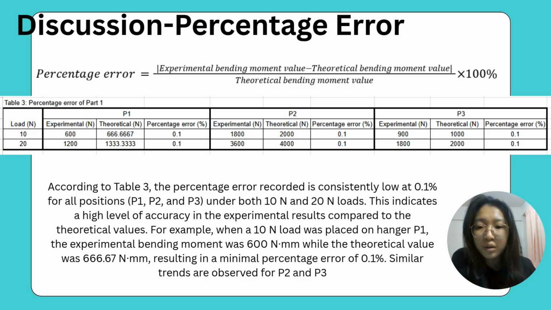For example, when a 10 Newton load was placed on hanger P1, the experimental bending moment was 600 Newton millimeter, while the theoretical value was 666.67 Newton millimeter. So this results in a minimum percentage error of 0.1%. Similar trends are observed for P2 and P3.